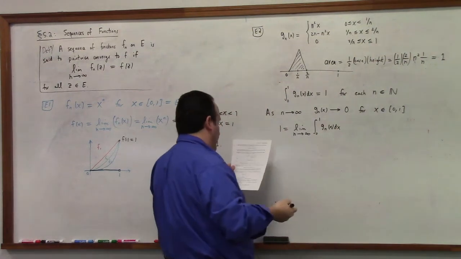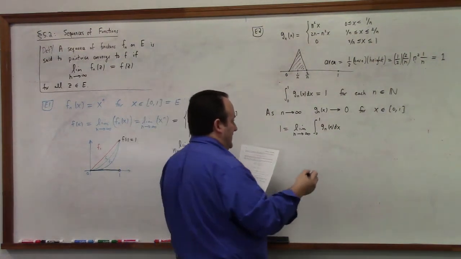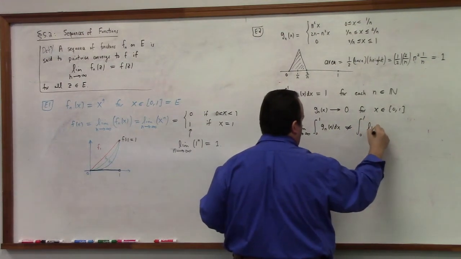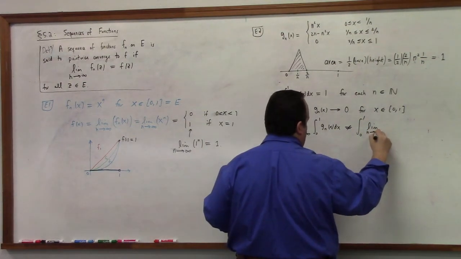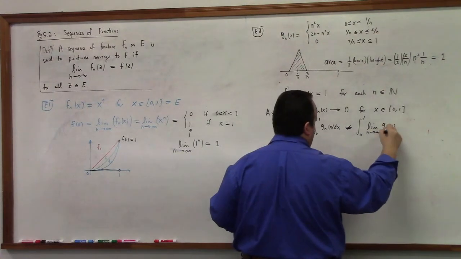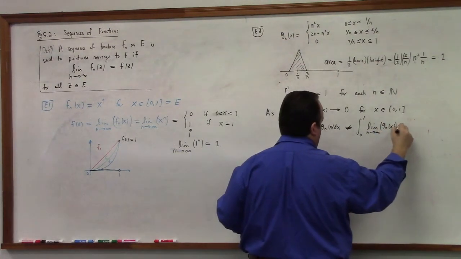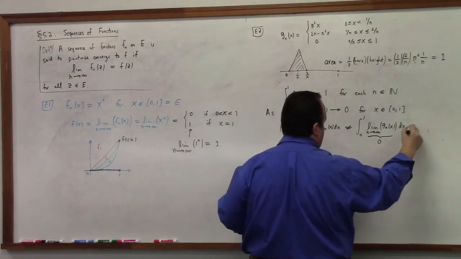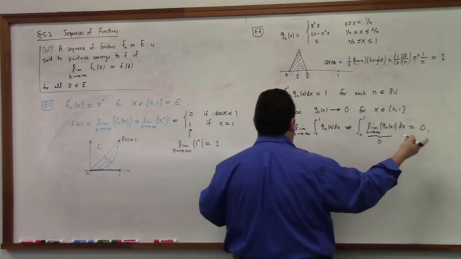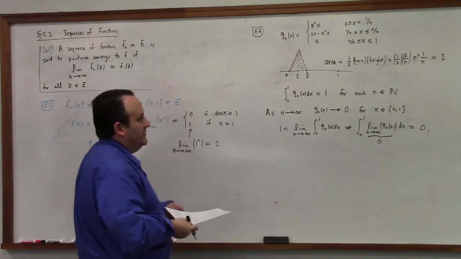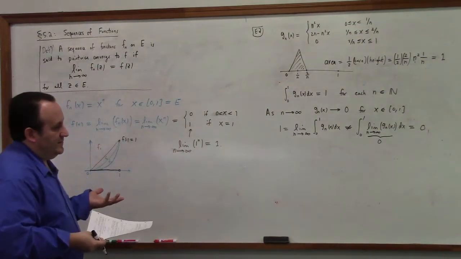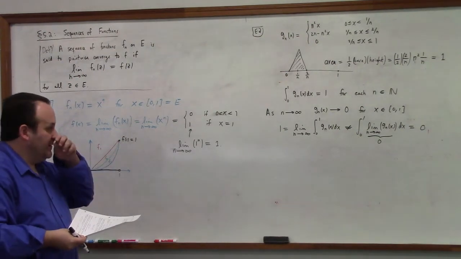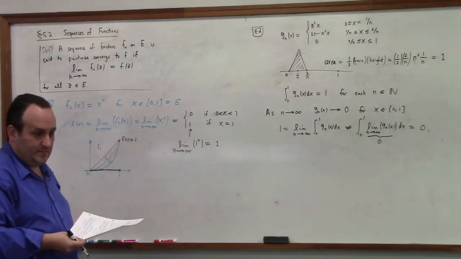Because that's 1 for every n. But that's not equal to the integral from 0 to 1 of the limit as n goes to infinity of gn of x dx, because this is 0. So 1, of course, is not equal to 0. We cannot interchange the integral and the limit here, right?